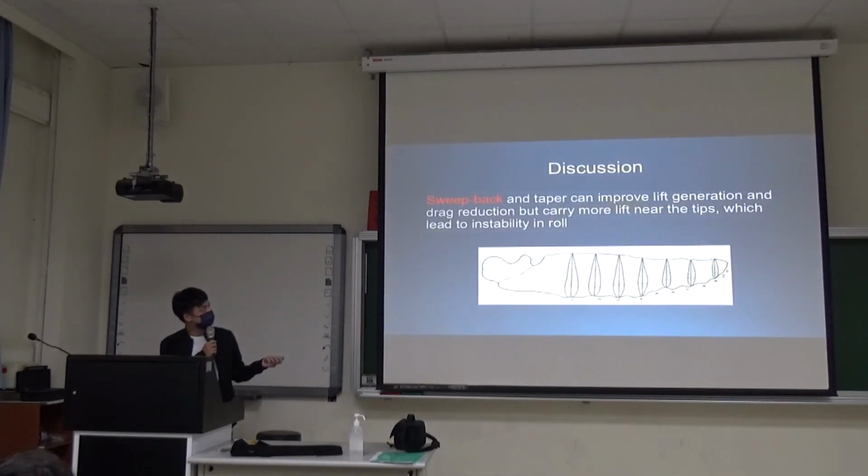In addition to AR, sweepback and taper can improve lift generation and drag reduction. However, the sweepback taper wing carries more lift near the tip, which stalls at the distal wing, and which leads to instability in roll.